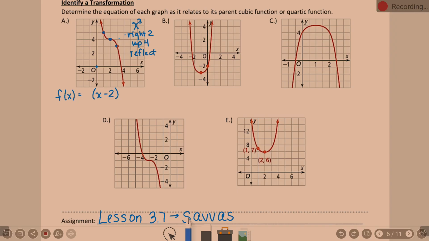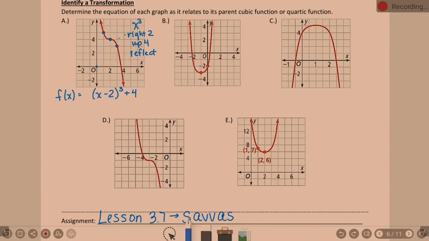Now, which function was this? Was this cubic or quartic? This is supposed to be cubic, right? So where does my power of 3 go? My power of 3 goes outside the parentheses. Okay. We have an up 4. Where does my up 4 go? Up 4 is a plus 4, and it's just at the end.